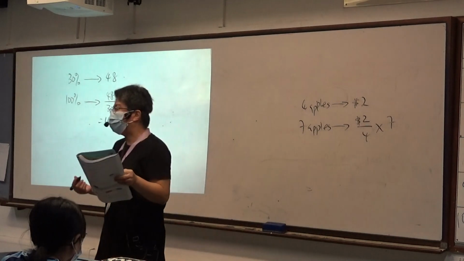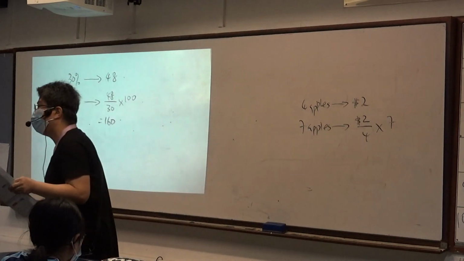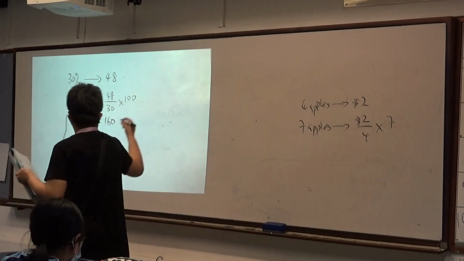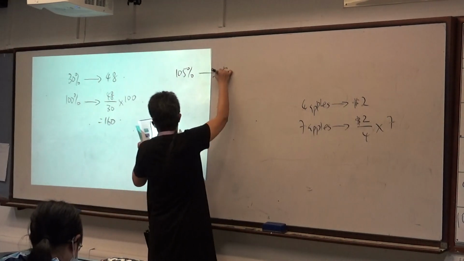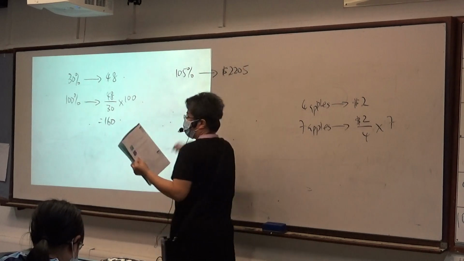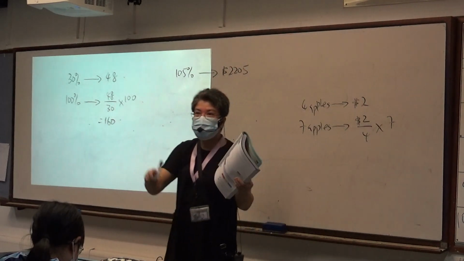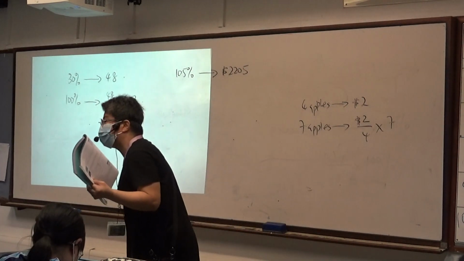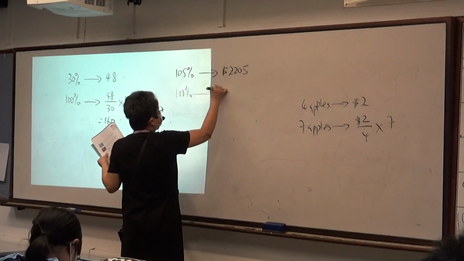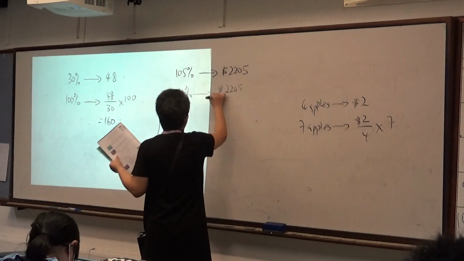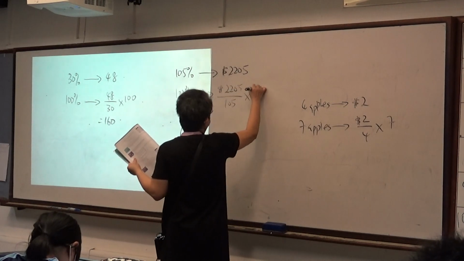Now, increase 5% means how many percent now? 105. So, 105% will correspond to 2205, right? Original salary is how much? 100. Very good. So, I'll take 2205 over 105 times 100.